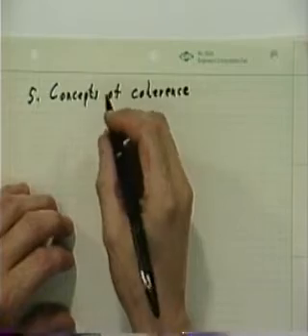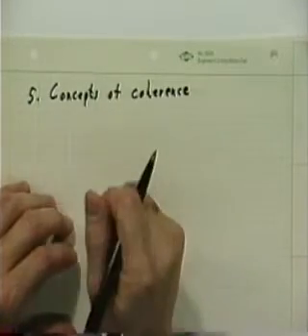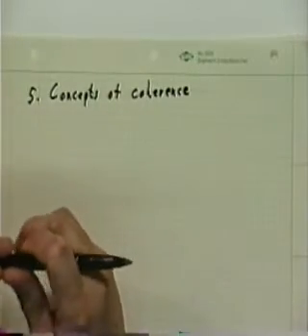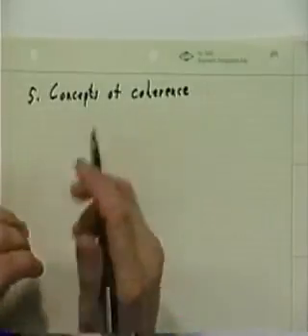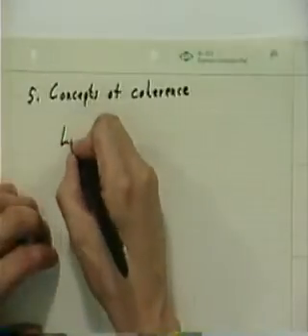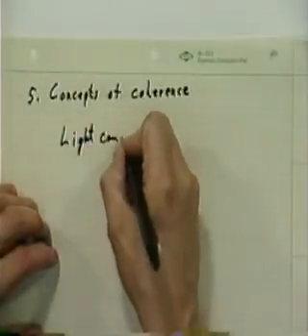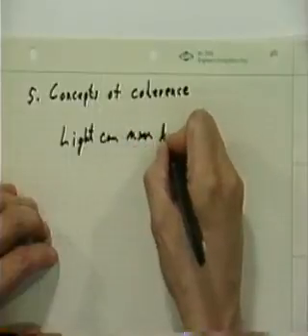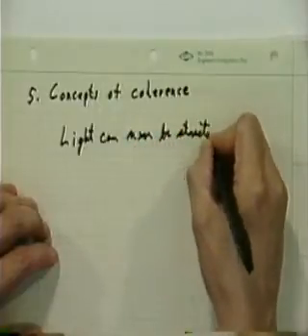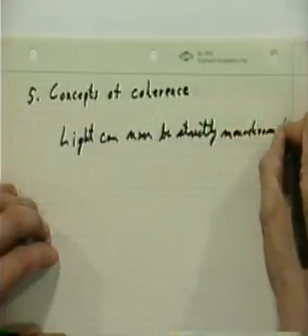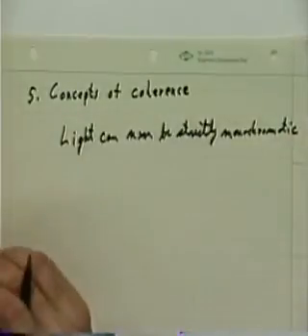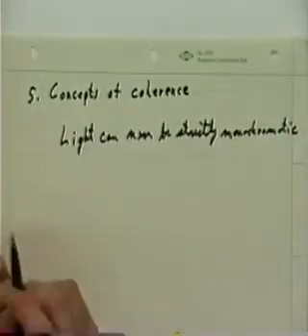Well, the problem we come into here, why we have to talk about coherence, is that there are really two things that bother us. First off, in interferometry, light is never completely monochromatic. So let's write that down here. Light can never be strictly monochromatic. There's always some spread of wavelengths present.